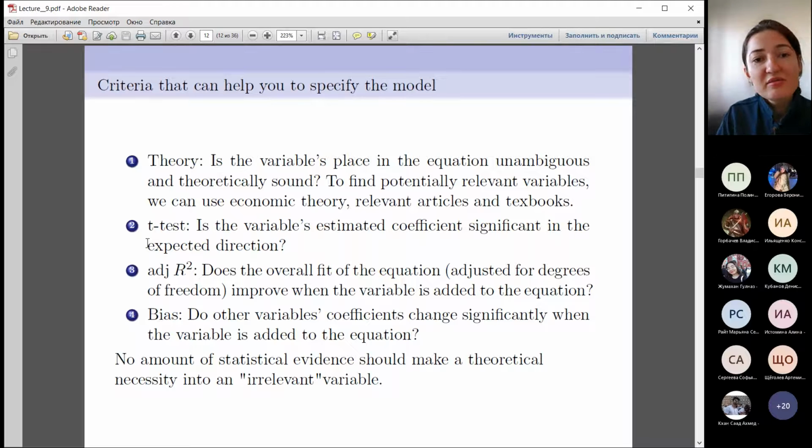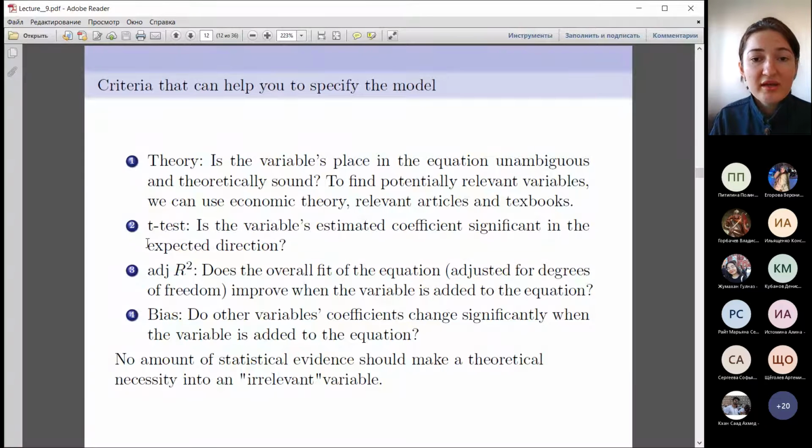And the first criterion, many students, I don't know why, don't like when we start talking about theory, but unfortunately, the first criterion is the theory. The models that you use should be based on proper theory. And you should ask yourself if the variables placed in the equation are unambiguous and theoretically sound.